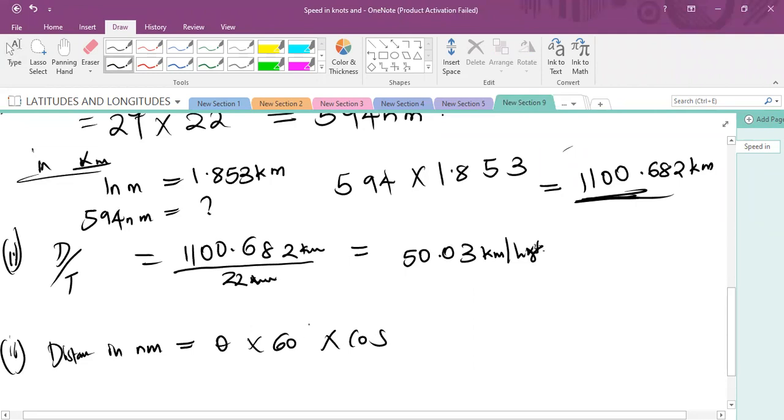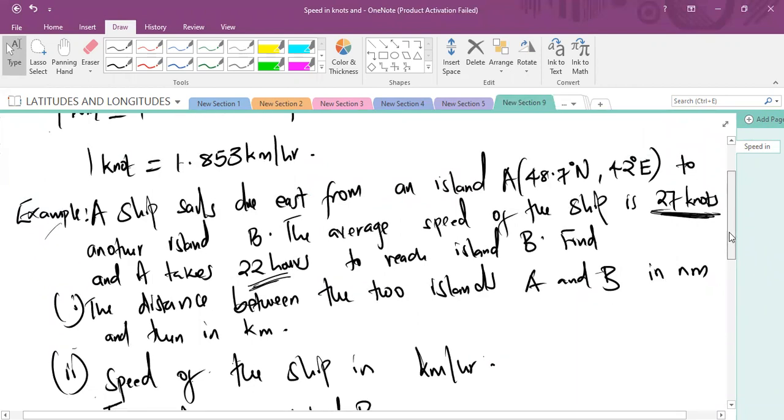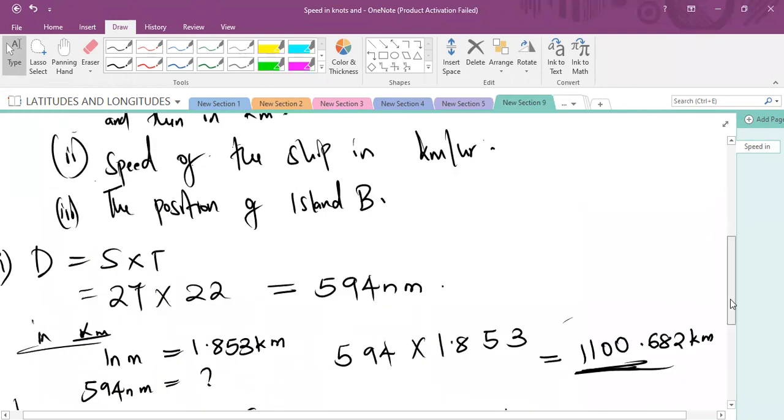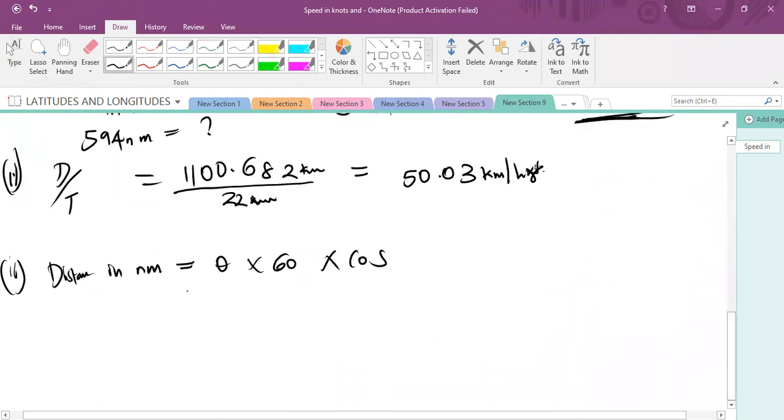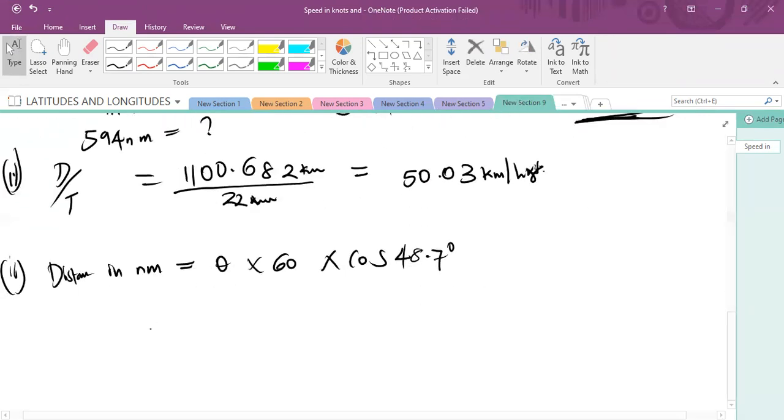So times cos of, we already have here 48.7 degrees as our latitude. So cos of 48.7 degrees. The distance in nautical miles, we've already gotten to be equal to 594 nautical miles.